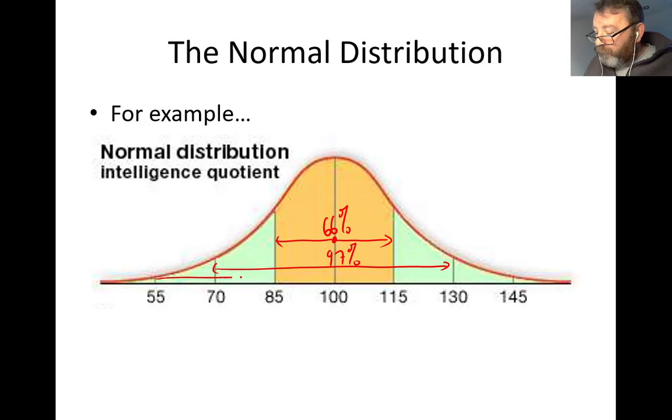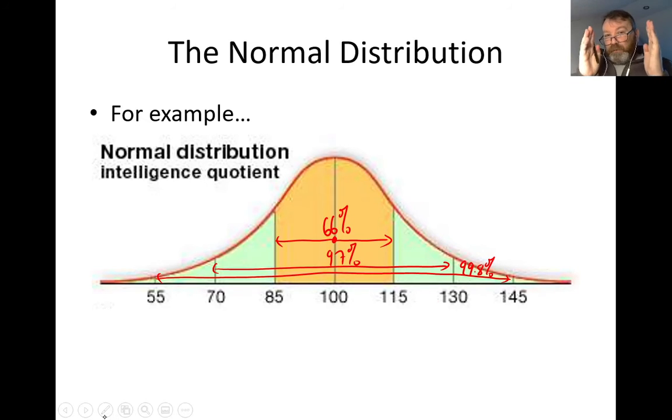And if you go 3 standard deviations either side of the mean, you get 99.8% of the population. The reason they use 3 standard deviations either side of the mean is to chop this symmetrical normal curve into regions of population: 66%, 97% and 99.8%.